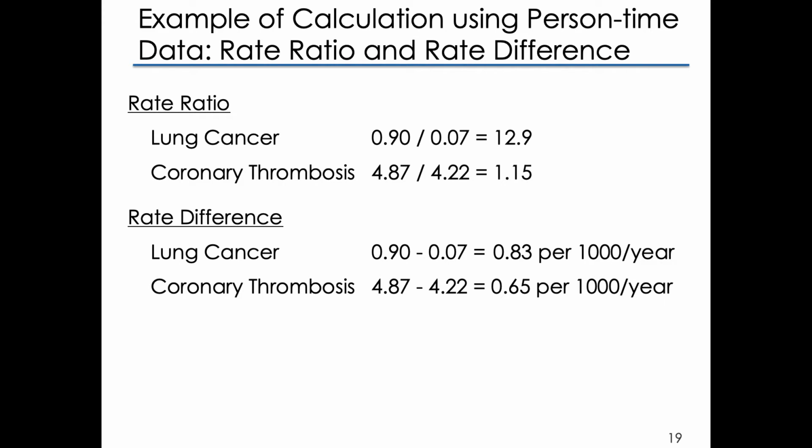But smoking is also responsible for 0.65 deaths per 1,000 person years among coronary thrombosis deaths. So the rate difference might tell us that the effect of smoking on heart disease is pretty important, whereas the rate ratio makes it seem less important.